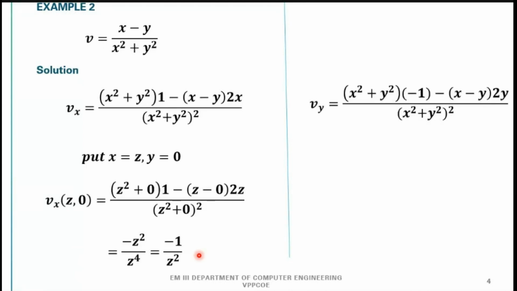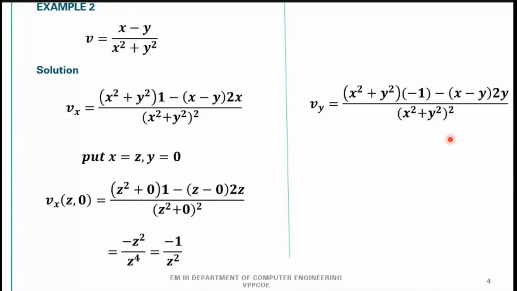In u by v, again v du minus u dv upon v square. So v du, derivative of x minus y with respect to y, that will become minus 1, minus u into derivative of v, that is 2y, upon denominator v square, that is x square plus y square, the whole square.